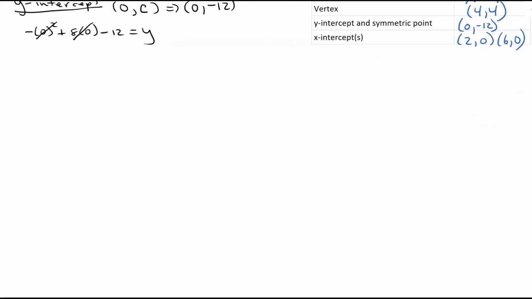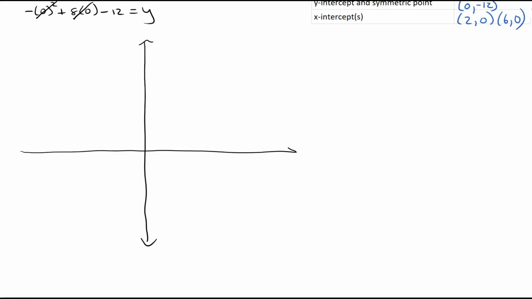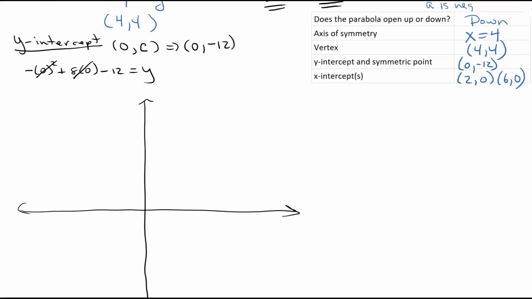So the last thing we're going to do is go down and actually do a graph. And for this graph, I'm just going to do a kind of rough graph by hand. I don't have a grid here, but we should be able to get a pretty good feeling. So I'm going to go ahead and look for the points that I have. I know the axis of symmetry is at x equals 4.